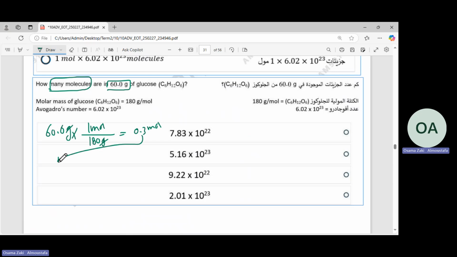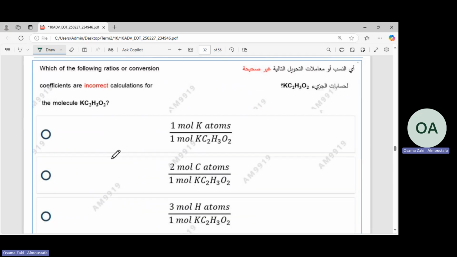Then multiply by the Avogadro number, which is 6.02 times 10 to the power 23 over 1 mole. You can cancel the mole to get the answer, and this is the answer. So the same procedure.